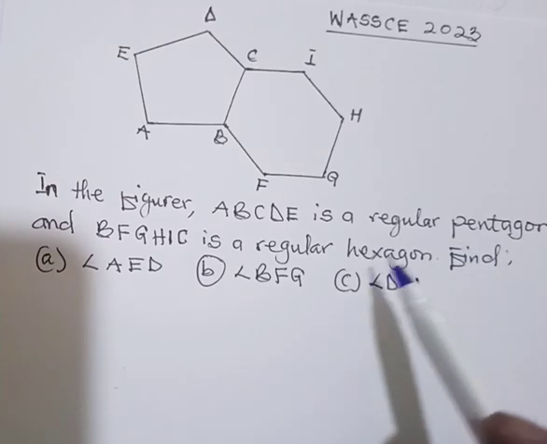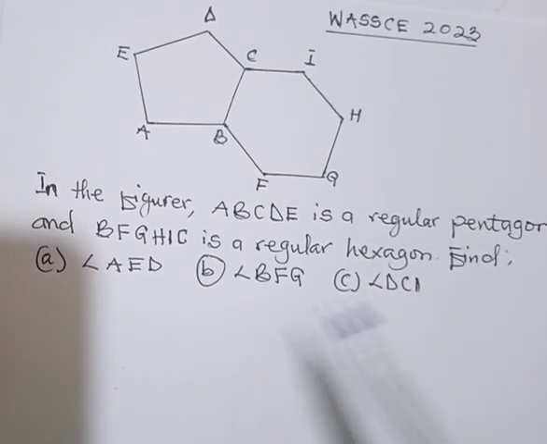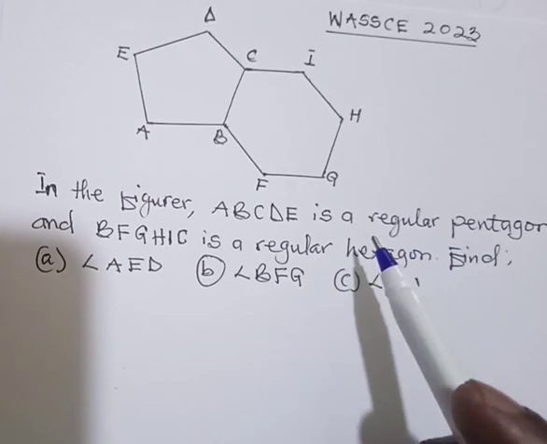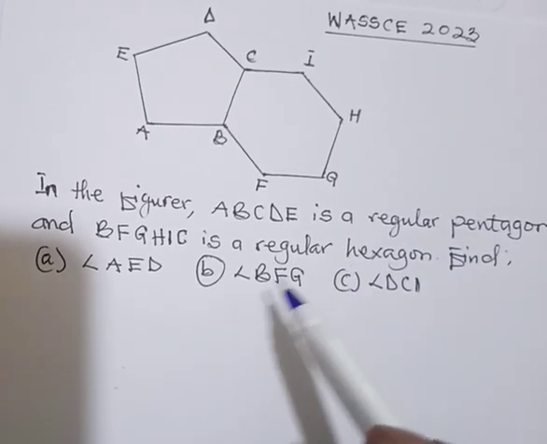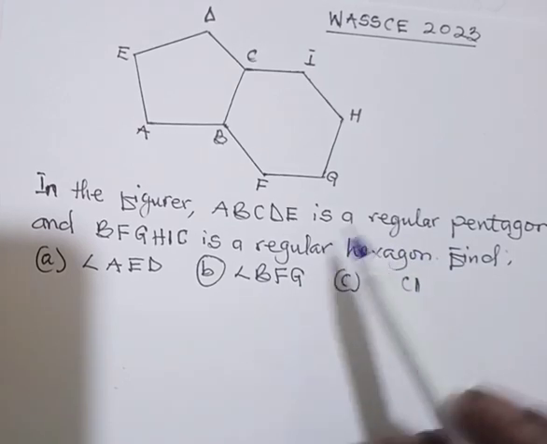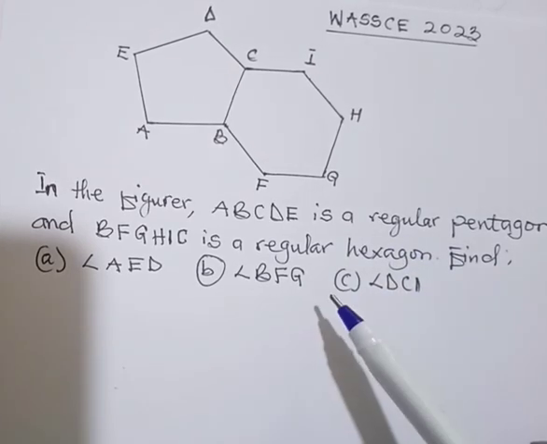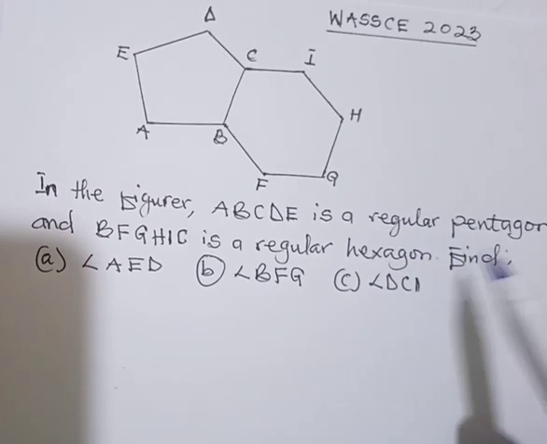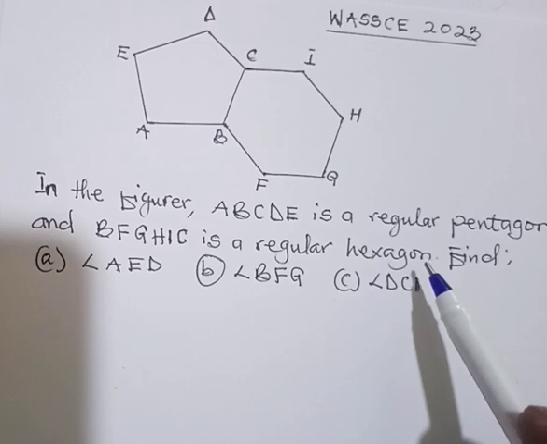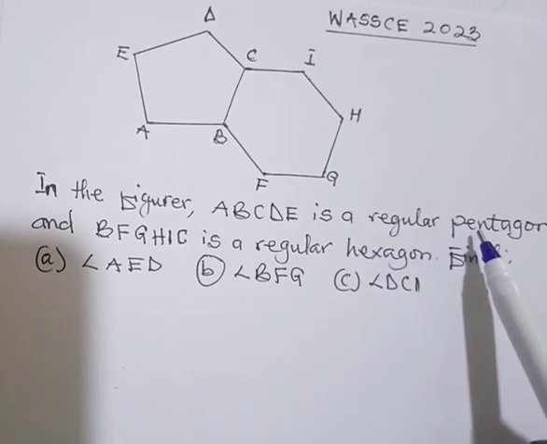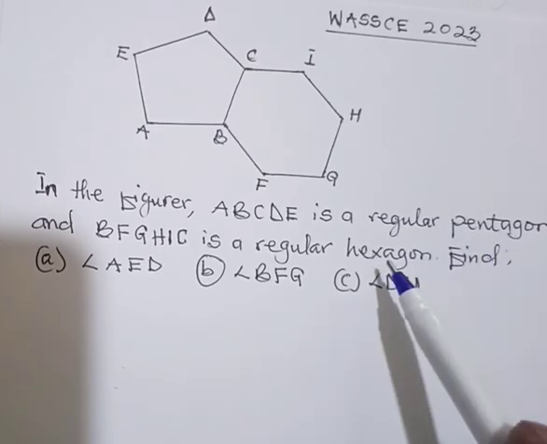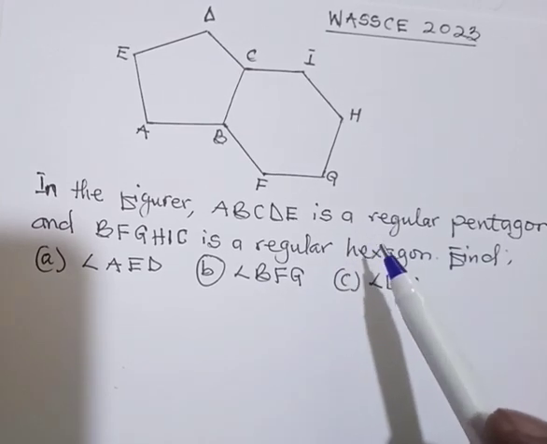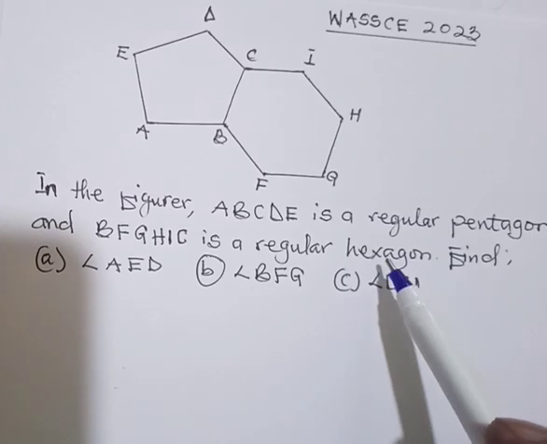If I ask you to mention some examples, you can talk of a square, equilateral triangle. They are all examples of regular polygons. But this time we are talking about a regular pentagon and a regular hexagon, which have all sides equal and all angles equal.